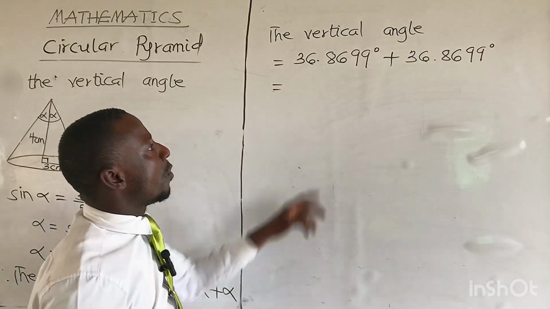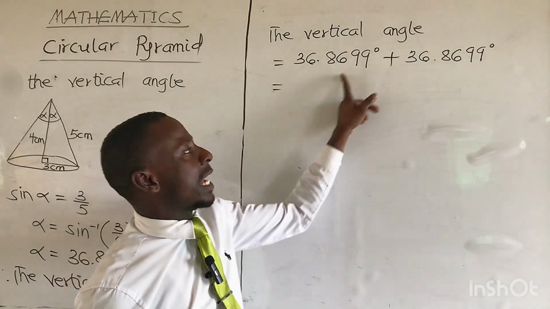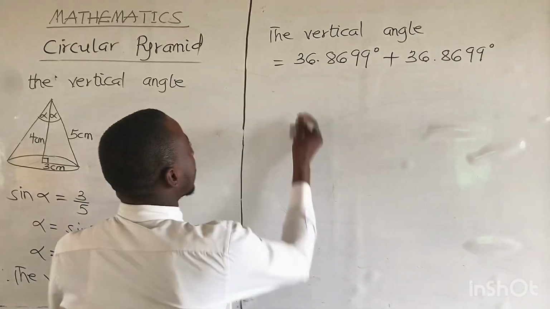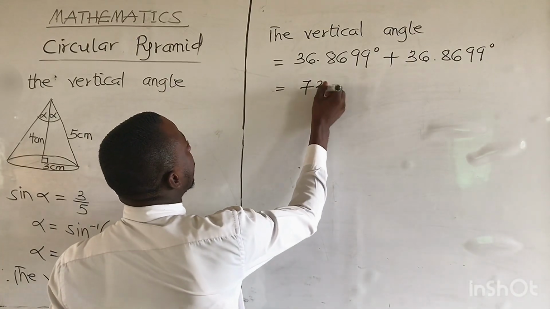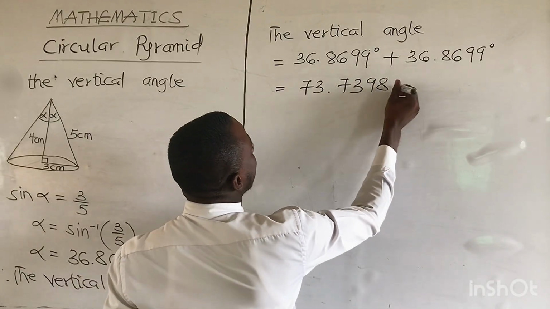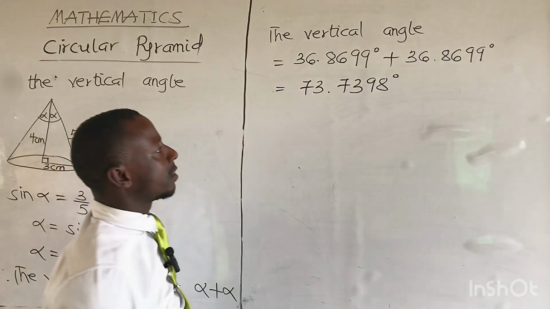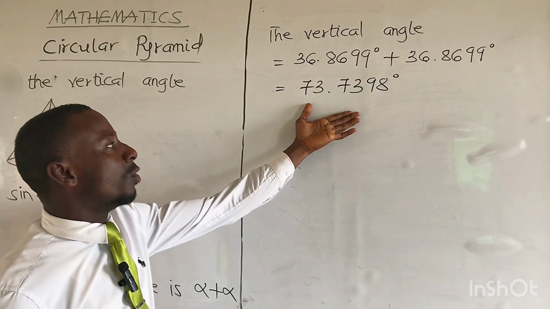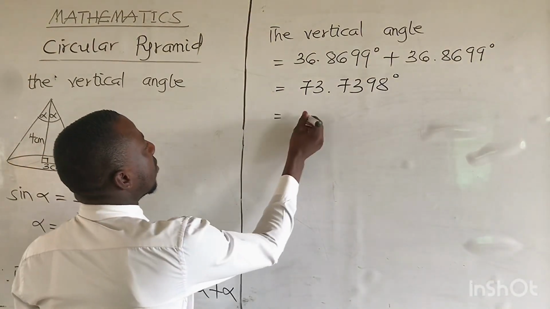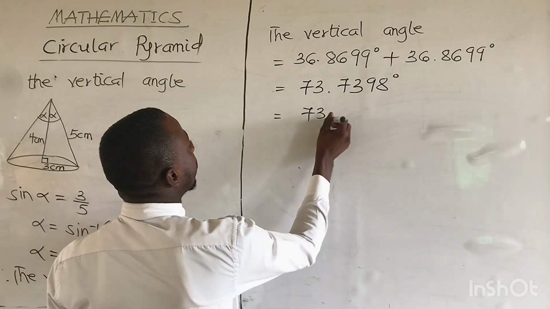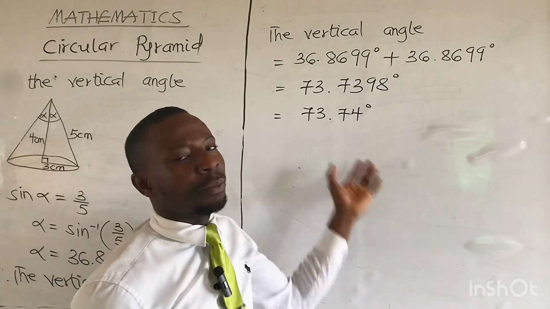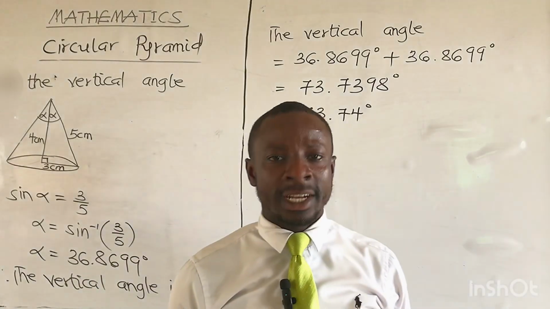So here we are going to add this and this. So this plus this, we are going to get 73.7398 degrees. This will be the angle. So you can correct to 2 decimal places, for which you are going to get 73.74 degrees. And this will be the vertical angle.